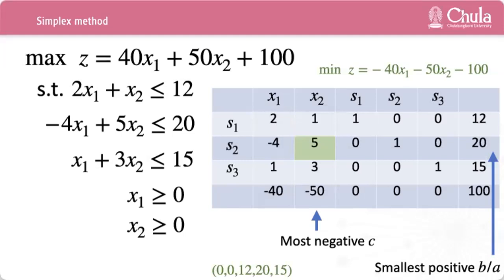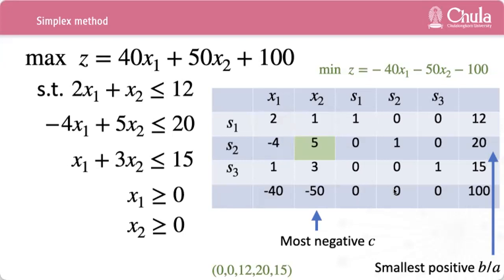However, we can have only 3 basic variables. Now we have s1, s2, s3 in the set of basic variables. So if we introduce x2 to be a basic variable, we have to get rid of one of the original variables, s1, s2, or s3. So we have to choose which original basic variable to remove.